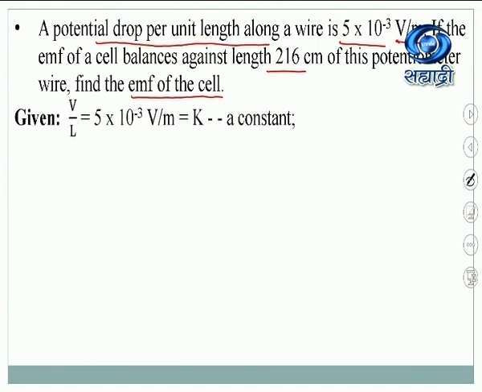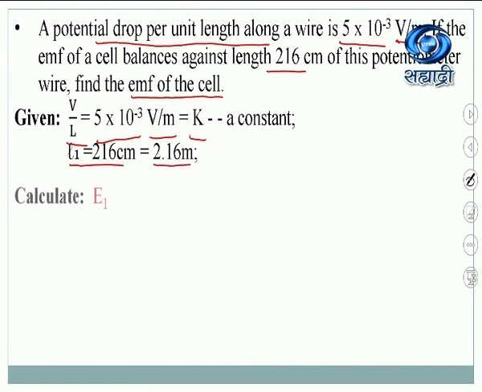Potential drop per unit length, that is V upon L, is given as 5 into 10 raised to minus 3 volt per meter, which is constant, say K. The balancing length is 216 centimeter, converted into meter, 2.16 meter. We have to find out the EMF of the cell used.